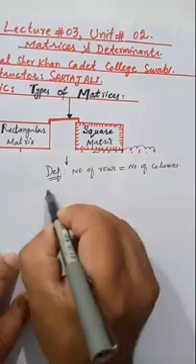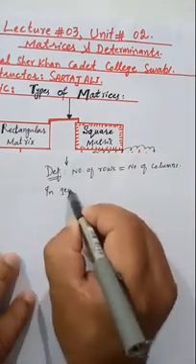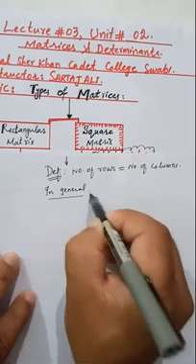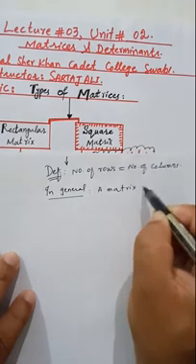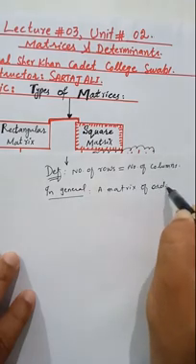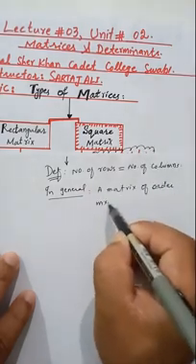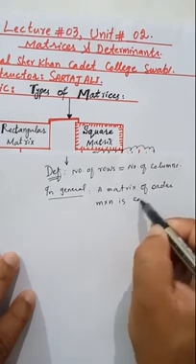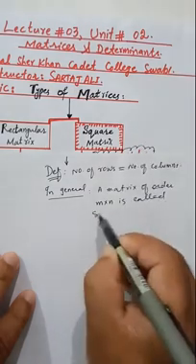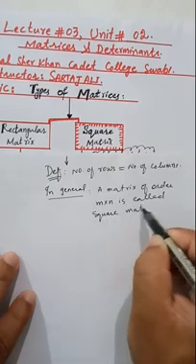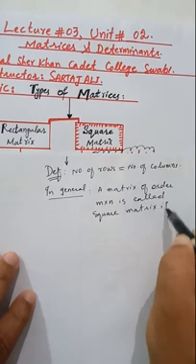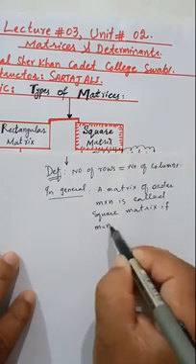In general, a matrix of order m by n is called a square matrix if m is equal to n.